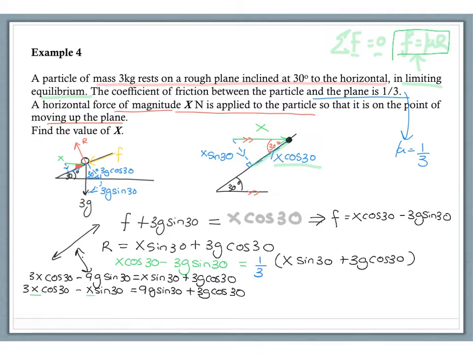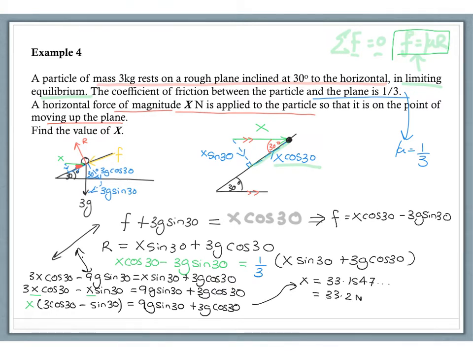Factorise the x out, so x times (3 cos 30 minus sine 30) equals 9g sine 30 plus 3g cos 30. Then use your calculator to work out the value of x, the division, and x comes to a value of 33.1547, etc., which is 33.2 newtons to 3 SF.